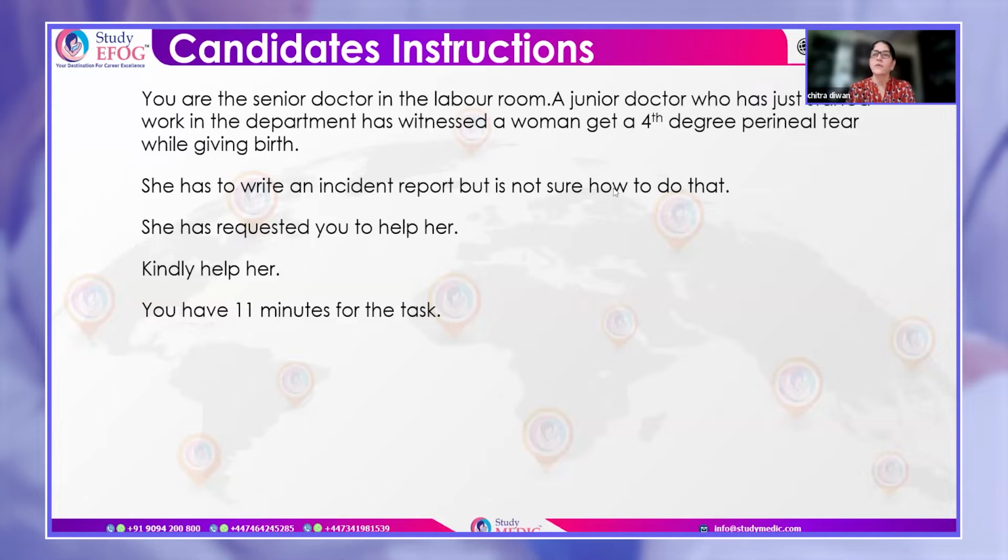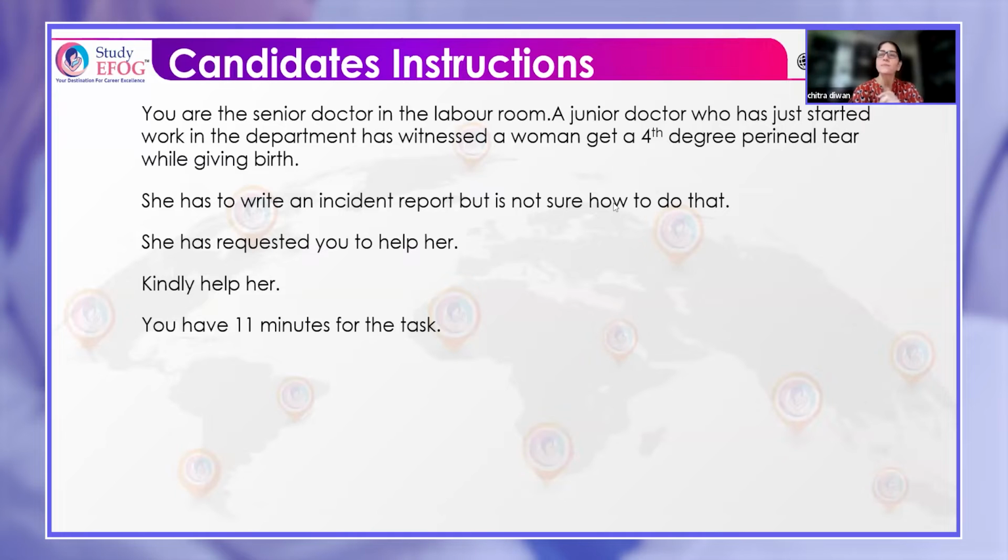So surely, yes, Dipti, I would surely help you in that. So basically, this is something that you want to report. An incident report is something like you have seen an incident that is happening. You know that this is something which is not normal and you want to report it. So the first thing that you have to understand is that you are not making a complaint against somebody.